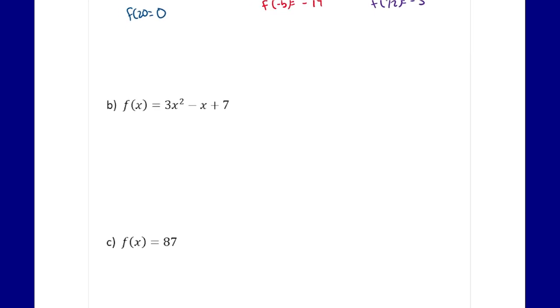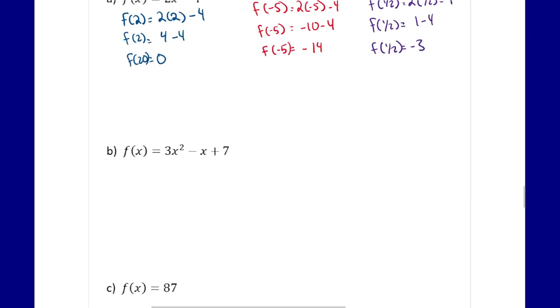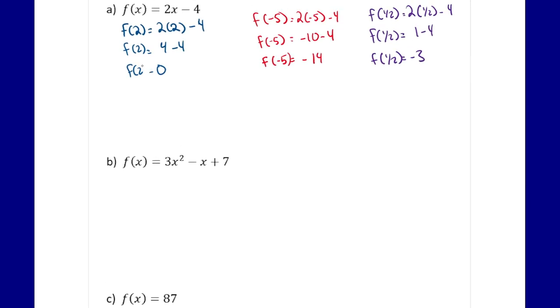I'm going to try it with another function. Again, going to do the exact same thing. We're going to use f at 2, f at negative 5, and f at a half. We have a different function now, though, so it's going to be a different equation that we substitute in.